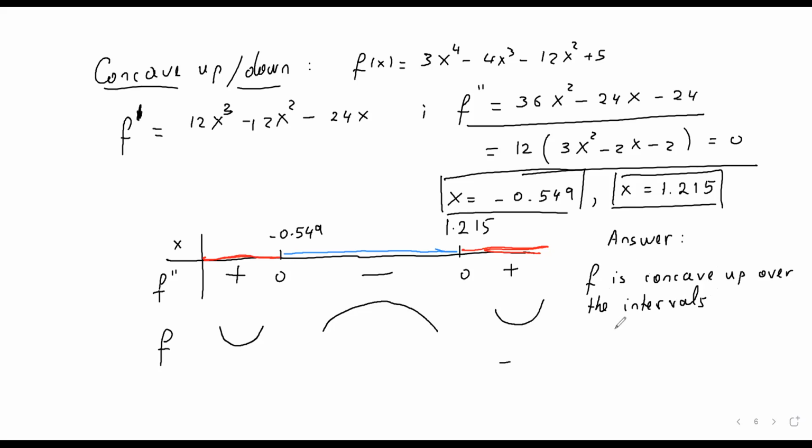So these red colored intervals, negative infinity to negative 0.549, along with the interval 1.215 comma infinity.